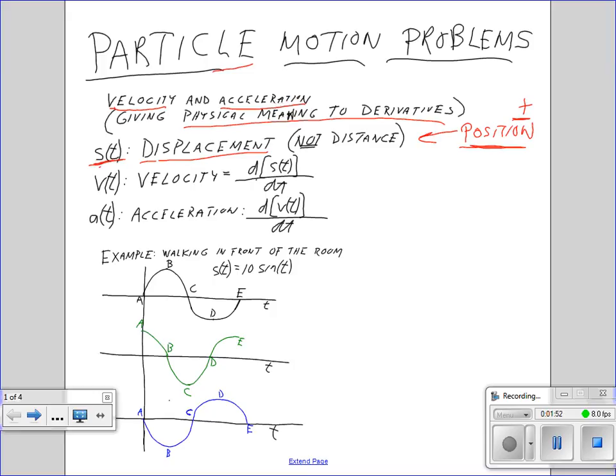Once we have a model, S of t, for position or displacement, we can find the velocity of the particle by taking the derivative. The derivative just tells me how my position is changing with respect to time. That's going to be the velocity.